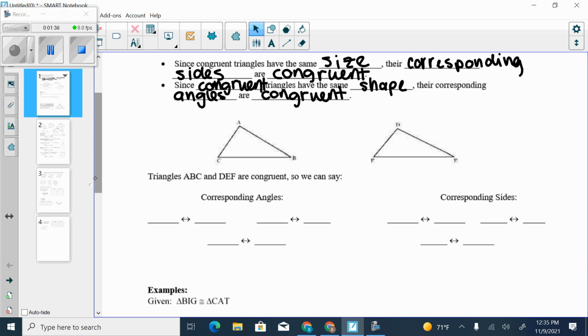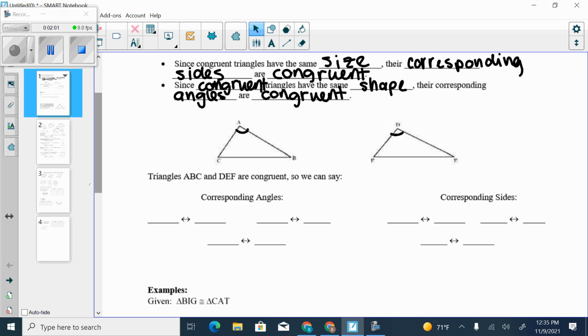Okay, so keeping that information in mind, they give us these two triangles here below. This one ABC, this one DEF. And we are going to talk about which of the pieces correspond with one another. So, angle A would correspond with what?